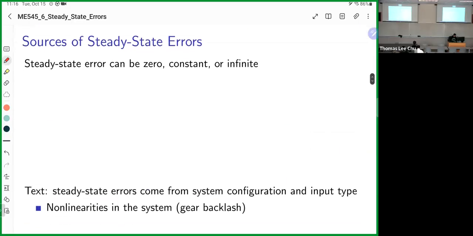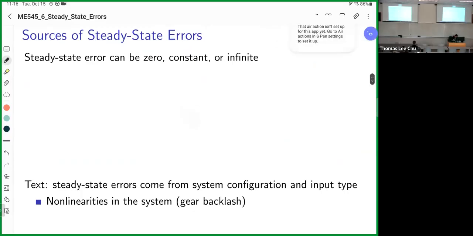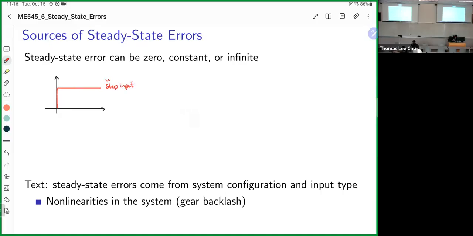So steady state error can be 0, constant, or infinite. The way we define it is this. If we have, let's say, a test input, a step input, and specifically a unit step input, let's look at our output.